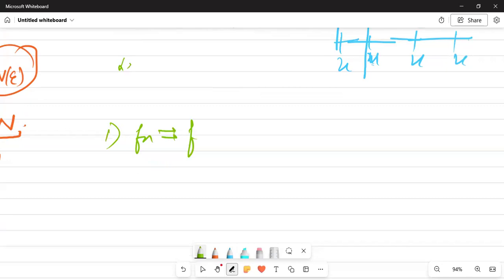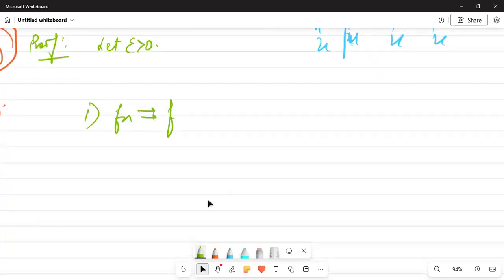Let epsilon be greater than 0. So here I am starting the proof. And in the first part I'm saying that fn is converging to f uniformly. This is given with the hypothesis. And epsilon by 3 is greater than 0. The reason I'm using epsilon by 3 will be very clear in the third step, the last step. So epsilon by 3 is greater than 0 and the convergence is uniform.